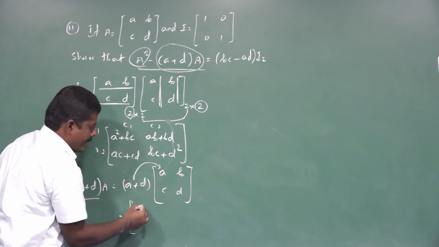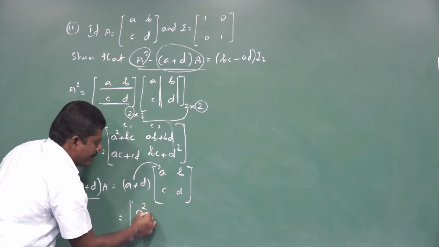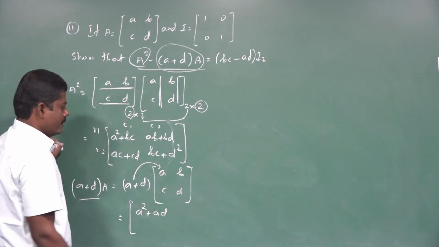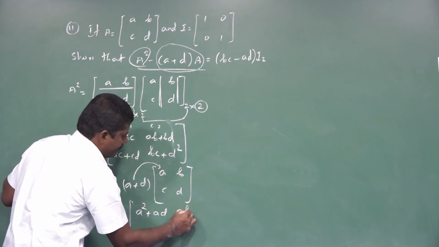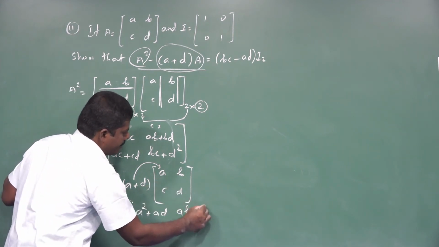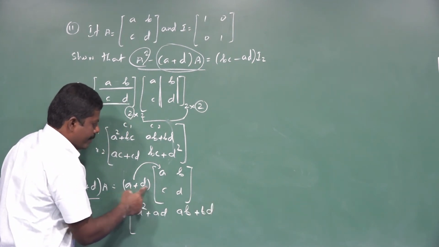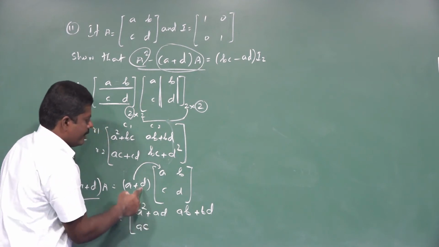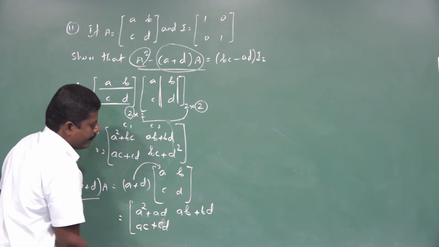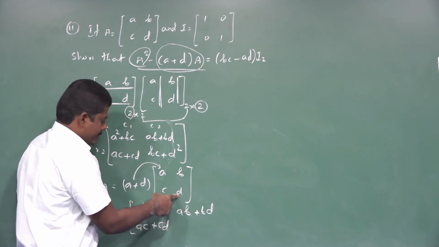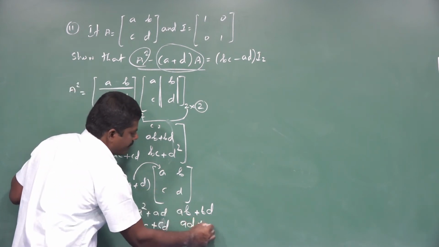(A plus D) multiplied by A is A square plus AD. Now B multiplied by (A plus D) is AB plus BD. Next, C multiplied by (A plus D) is AC plus CD. D multiplied by (A plus D) is AD plus D square.